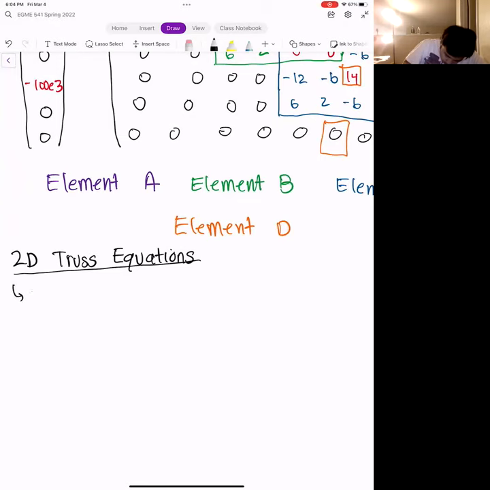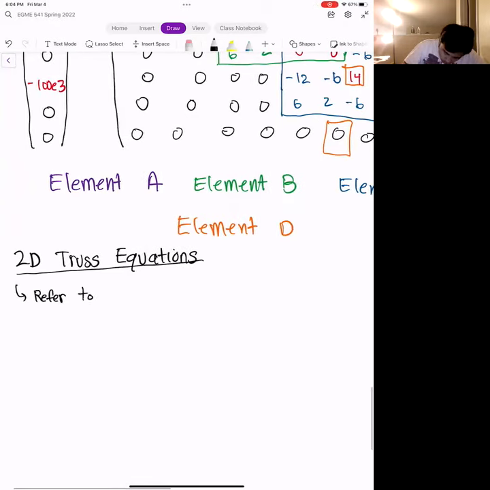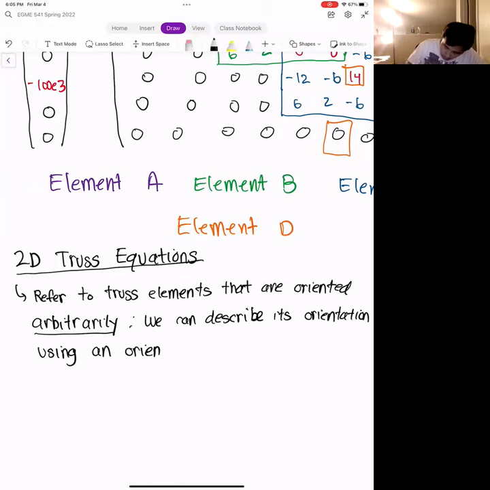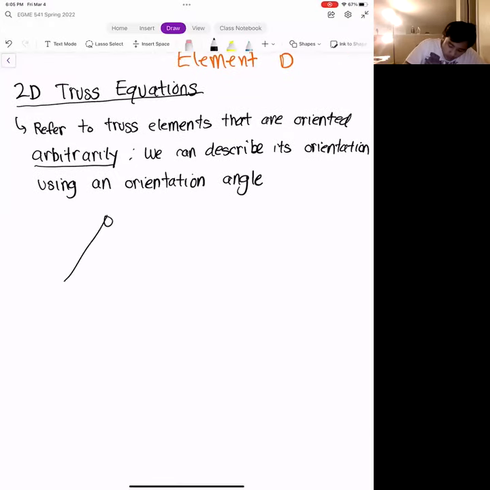And by arbitrarily, what I mean is that we can describe its orientation using some kind of rotation angle. All right, and so the arbitrary truss element looks something like this.